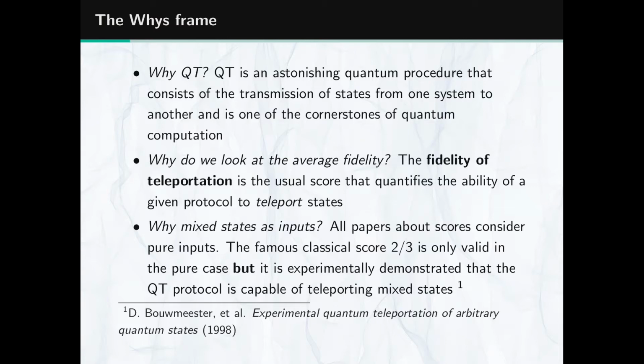But for example, you have a classical protocol whose average fidelity is 2/3. It is a famous score because it is used to compare when a protocol is useful or not. If your fidelity overcomes 2/3, then it's useful.